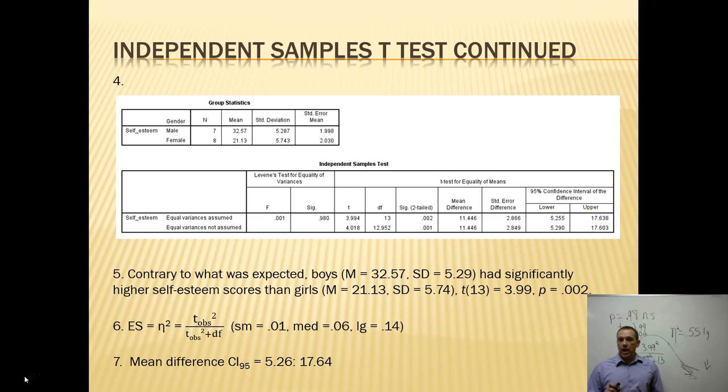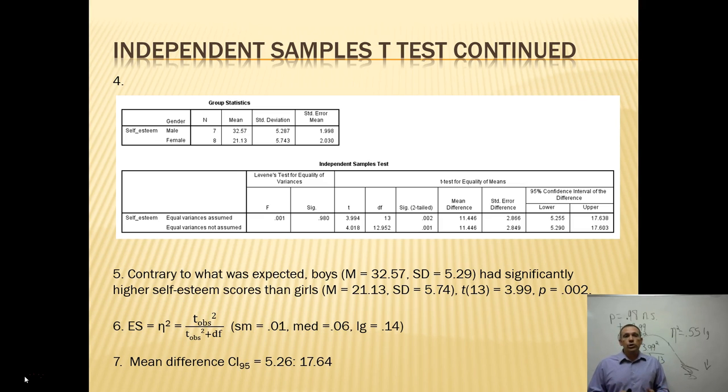Again, we're looking at the top line, so our lower bound value is 5.26 rounded to 2 decimal places, and our upper bound value is 17.64, which is rounded to 2 decimal places as well. And so that basically tells us that we are 95% confident that our true population value lies somewhere or is captured between the values of 5.26 and 17.64.